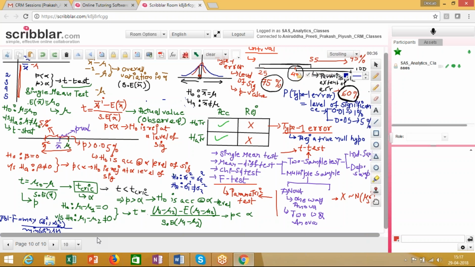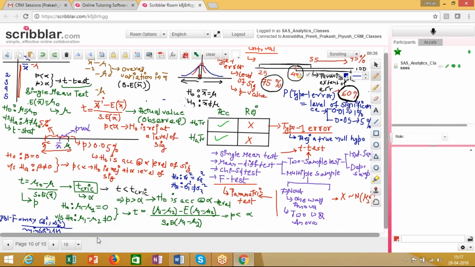So the t-test is primarily a parametric test, as it is based on the assumption of normality, right? So it is assumed that the distribution of the variable for which you are doing the test is normally distributed.